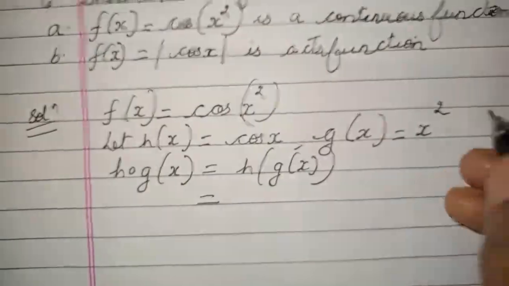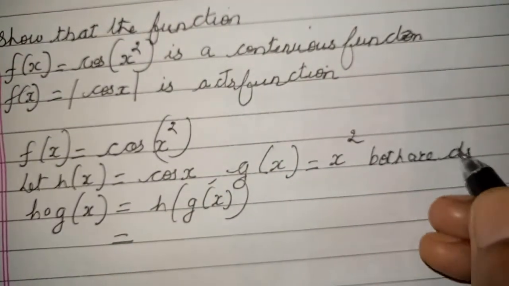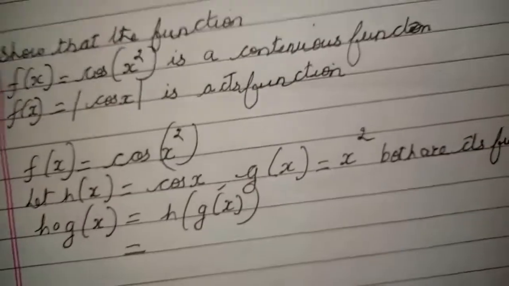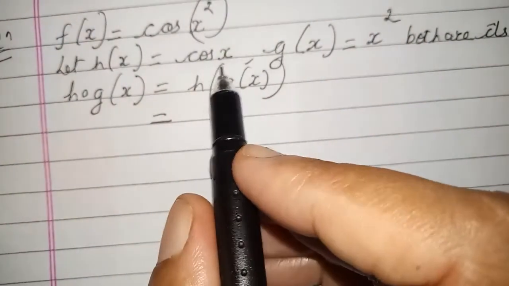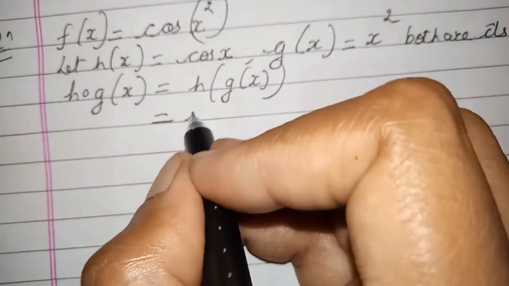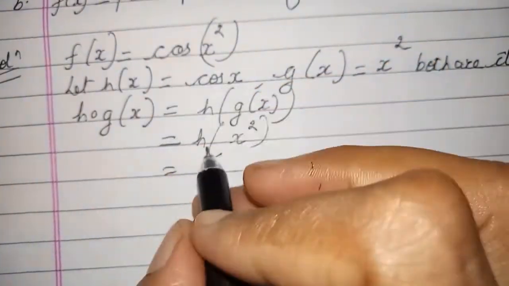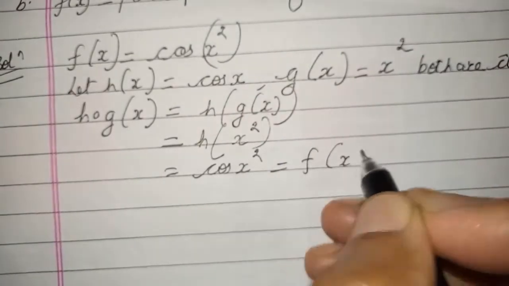Both are continuous, because cos x and x square are continuous; one is cos, another is a polynomial function. So it is h of x square, but h of x is cos of x, so it will be cos of x square, which is equal to f of x.